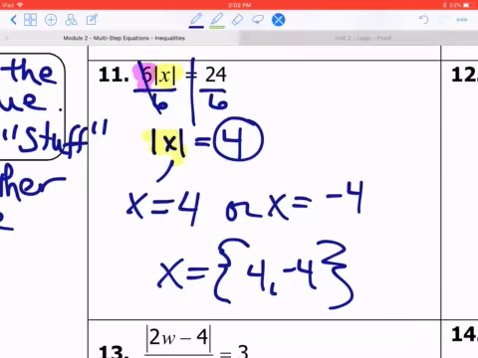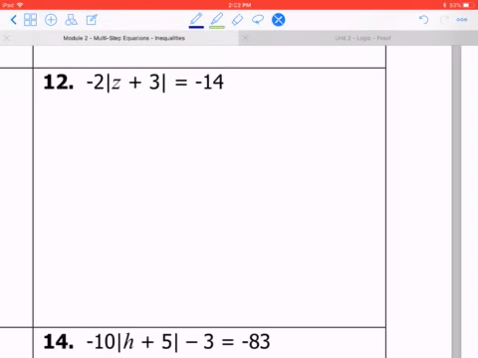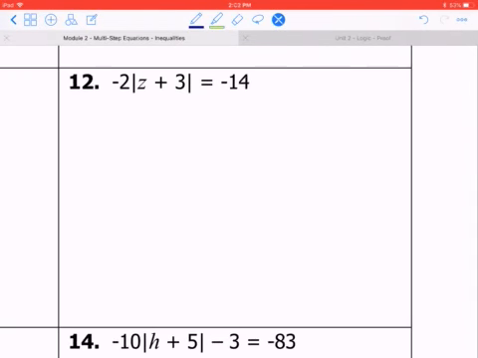All right, let's look at number 12 as they start to get a little more complicated here. All right, so now here's my absolute value. And look what's going on. I have a number on the outside here that I need to get rid of. So I'm going to divide by negative 2.